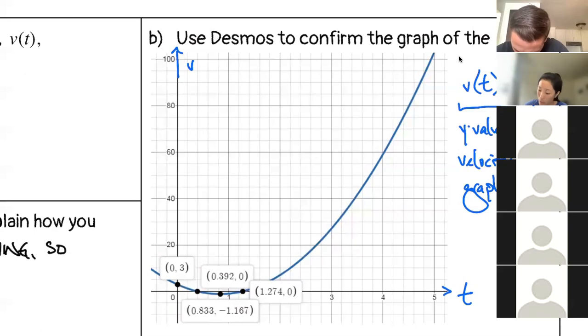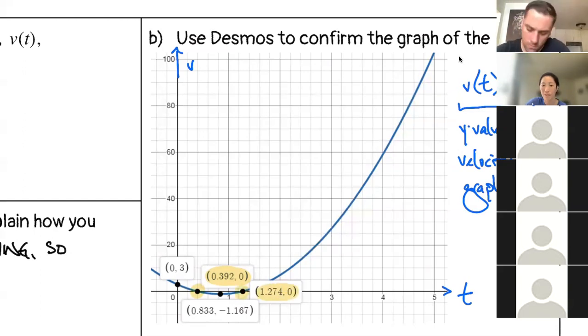And so if we look at what we have, this coordinate right here has a y value of 0. And so does this one.